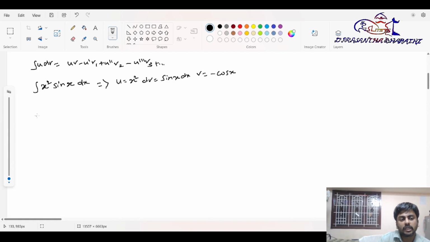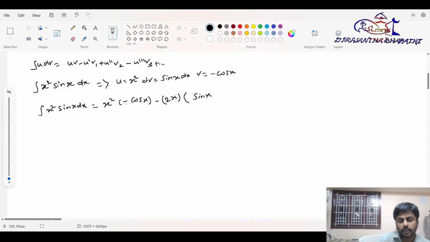So the result for the integral of x square sin x dx is equal to uv, that is x square into minus cos x, minus u dash, which is 2x, times v1, that is the integration of cos x, which is sin x.